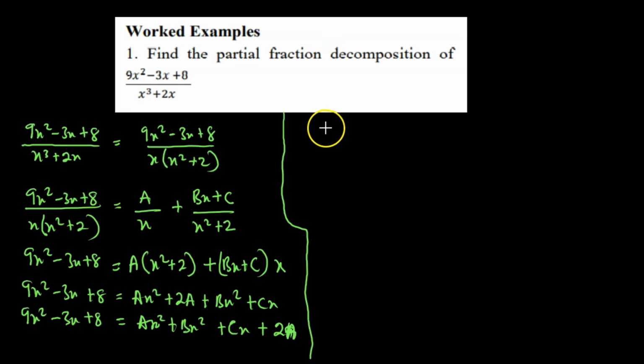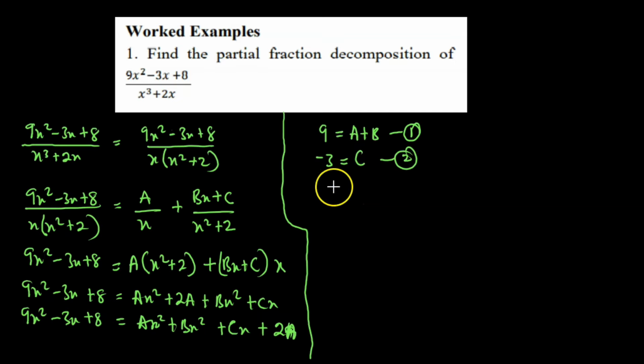Comparing the coefficient of x squared, I have 9 on the left hand side, and that gives me a plus b on the right hand side. That is equation 1. Comparing the x's, the coefficient of x gives me negative 3 on the left hand side, and on the right hand side it gives me c. That's equation 2.